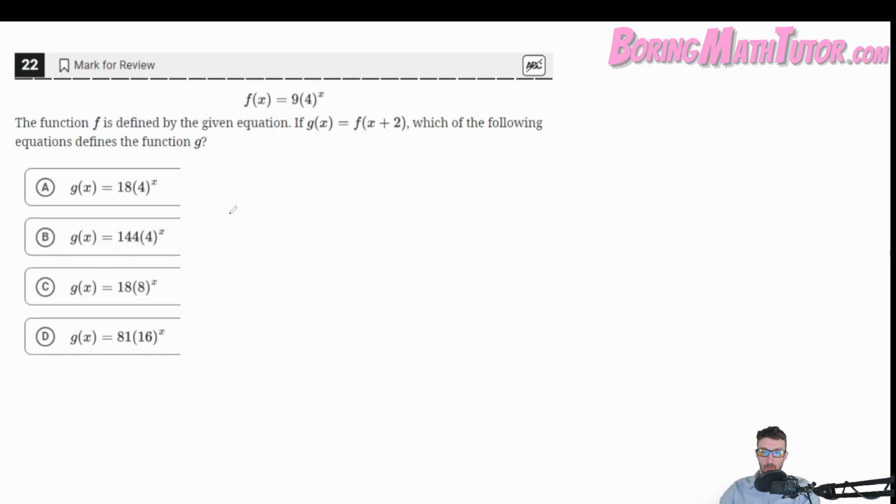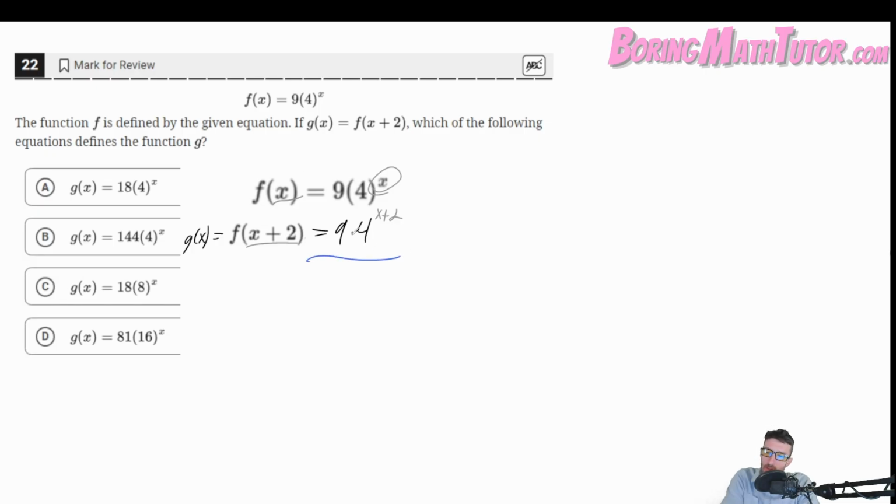All right, here they're giving us that f of x is equal to 9 times 4 to the x, and then they're talking about f of x plus 2, and they're saying that that's equal to g of x. But then all we've got to do is replace the x with x plus 2. Now, do I see that answer here?